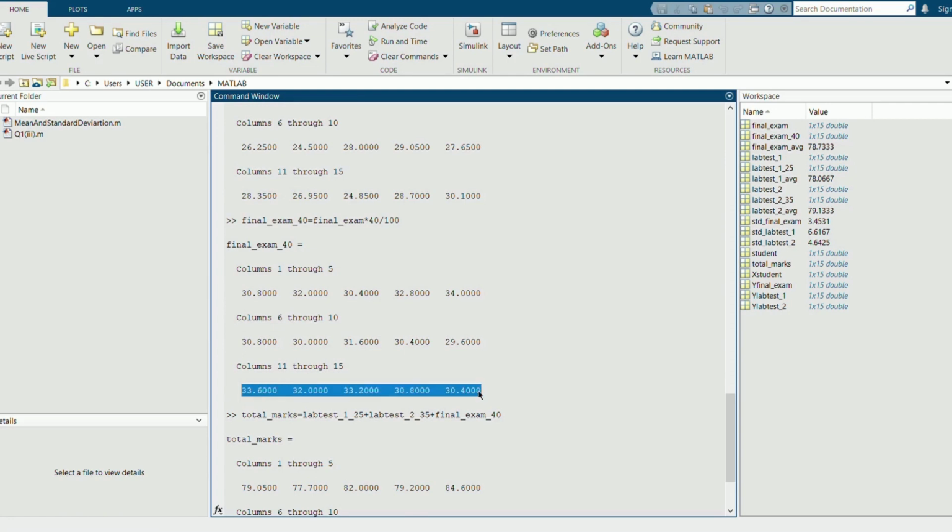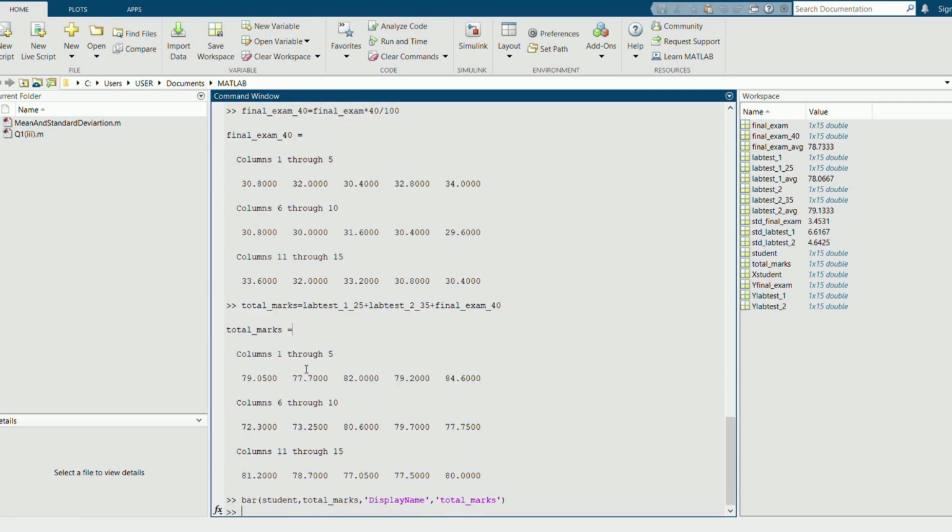For the total mark, I add the marks from lab test 1, lab test 2, and the final exam.